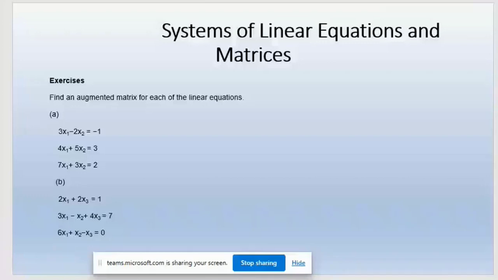Okay. What I'm saying is, we have got 3 equations, more equations and fewer unknowns.